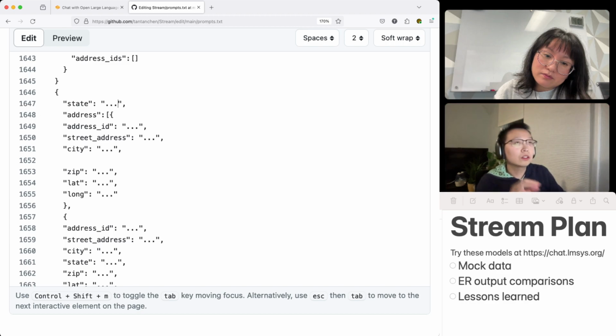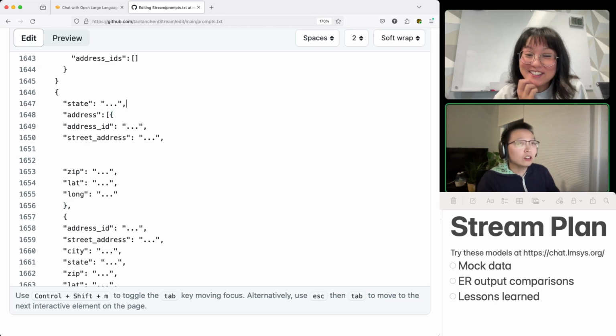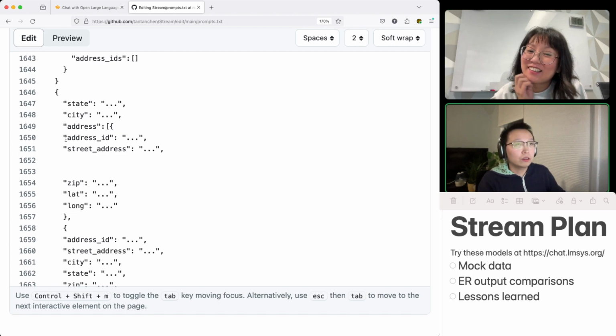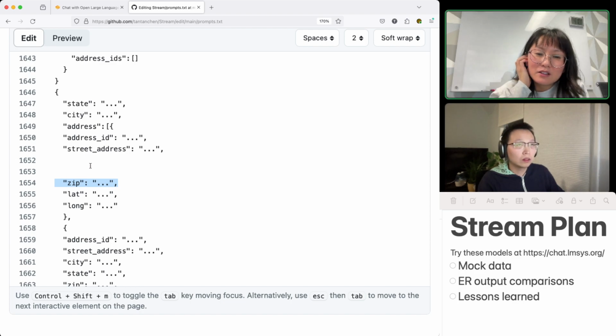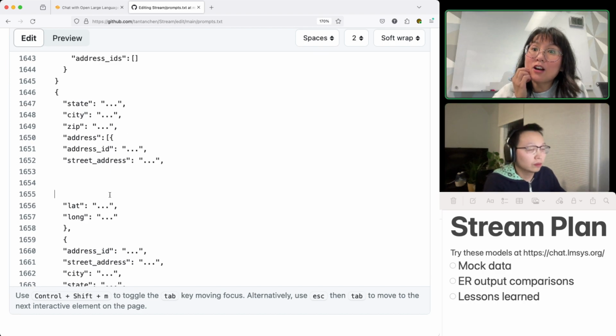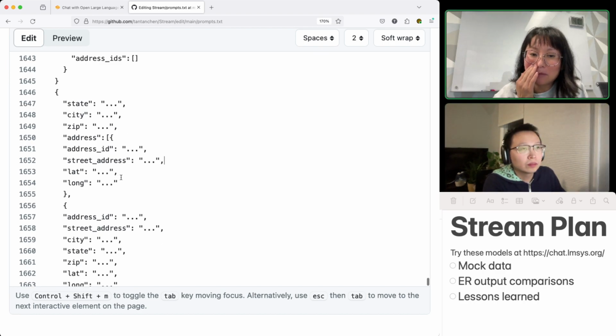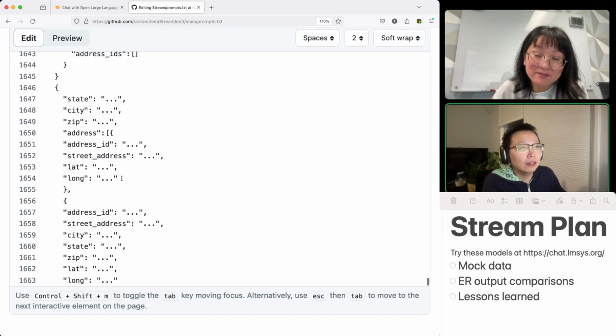Let's maybe do dot dot dot, and then state, and then zip, right? You want to do city first, right? Within a state, you want to pick a city, because you need the city before you get the zip. Oh, no, I think it's probably good. So remember that long made it really realistic, right? Yeah, it was really good with the lat long.